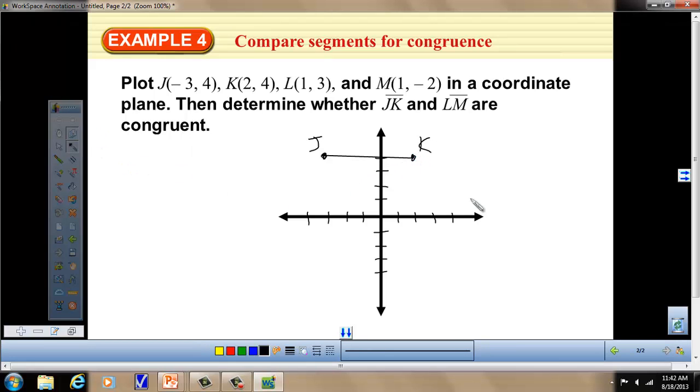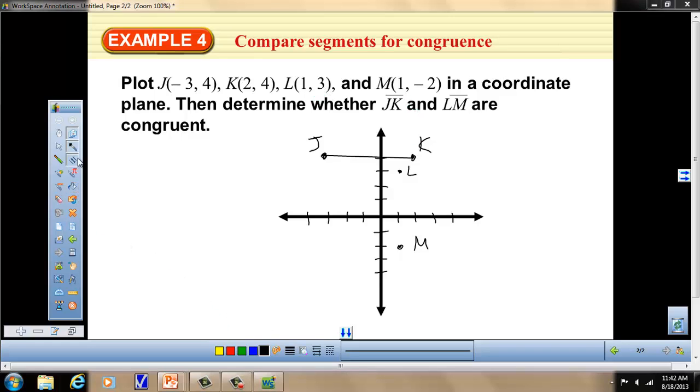And if I plot 1, 3, and 1, negative 2, where we have L here, M here, you notice having the same X coordinate gives us a vertical line.